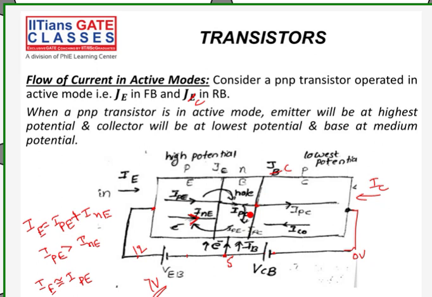Now, when these holes reach the collector, the current in the collector region due to these holes is represented by IPC.